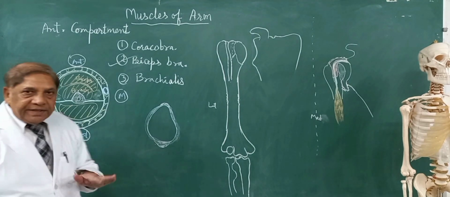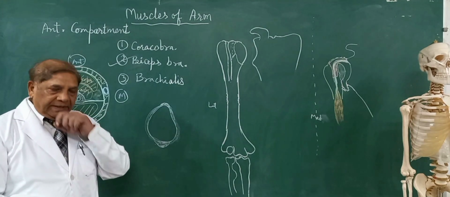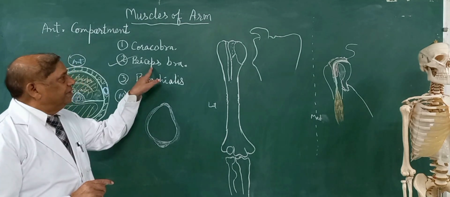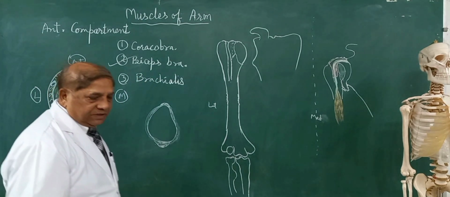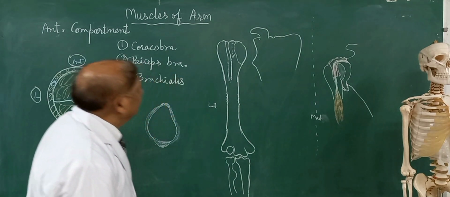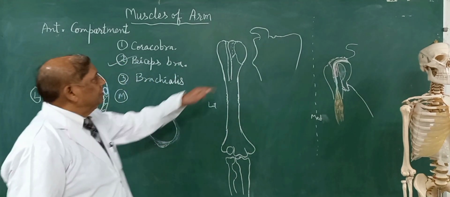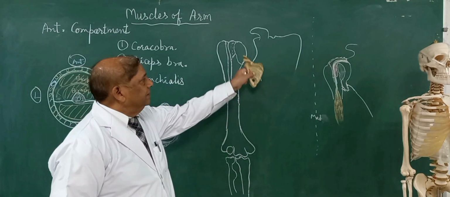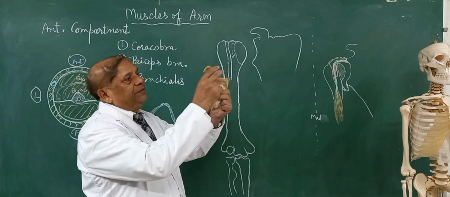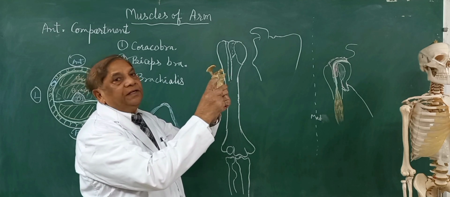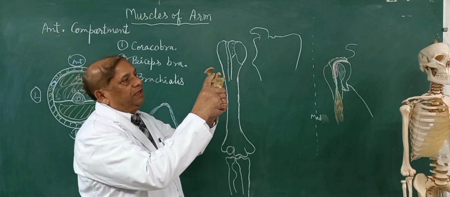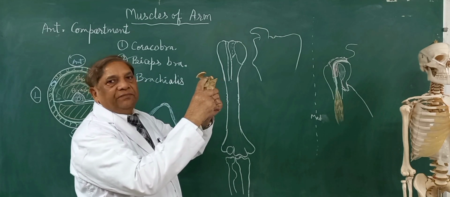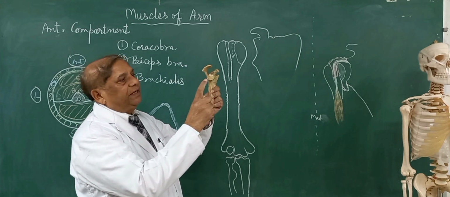Since there are two heads, short head and long head, I will first tell you about the short head of the biceps brachii. The short head takes origin from the supraglenoid tubercle. Now this is the scapula, and this is the coracoid process, and this is the glenoid cavity, a very shallow cavity, and the top of this glenoid cavity shows the presence of a rough area called the supraglenoid tubercle.